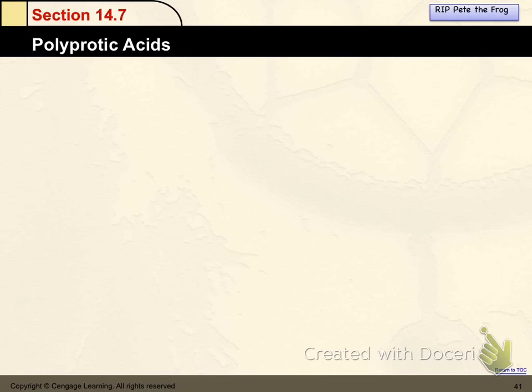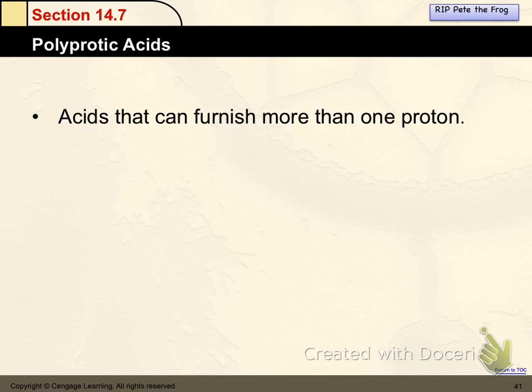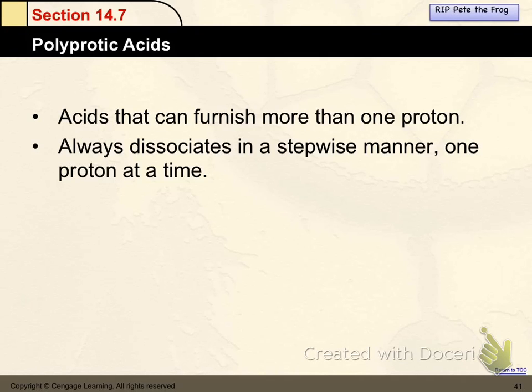All right. So polyprotic, if you use your terminology, you should be able to figure out that these are acids that can furnish more than one proton. Poly meaning many, protic meaning proton, and they always dissociate in what we want to call a stepwise manner. So that's one proton at a time, and this happens incredibly fast, as you can imagine, but there's never a complete separation of the protons all at once.